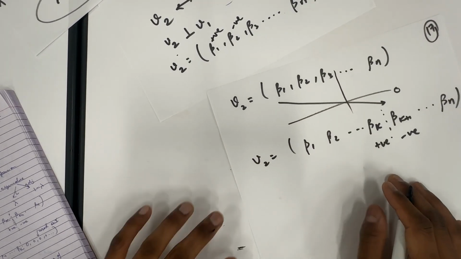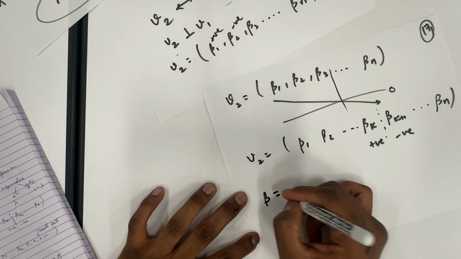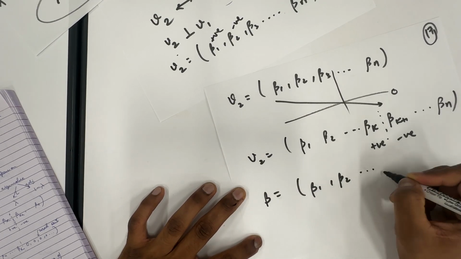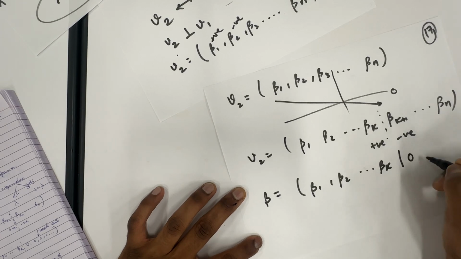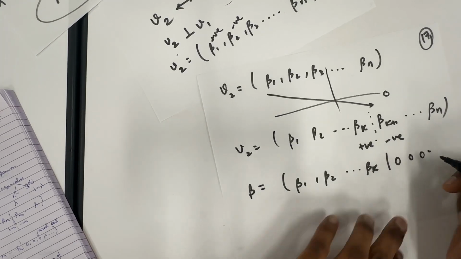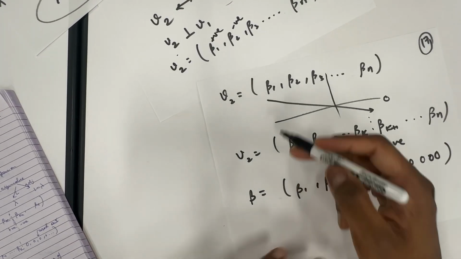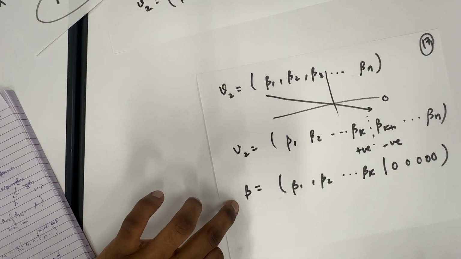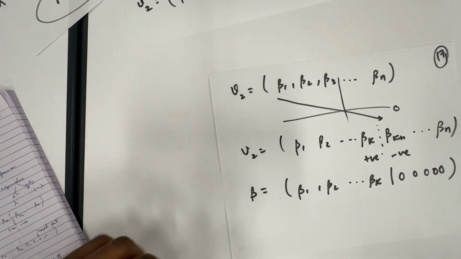Let's say I define my beta to be beta 1, beta 2, up to beta k, and the rest are all zeros. I just define it like that. This is obviously not perpendicular to V1, but we will use this beta to give reasons about this.